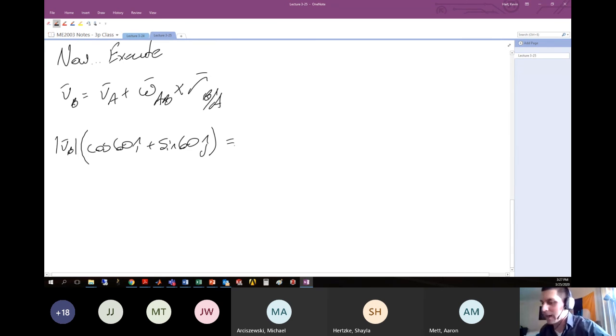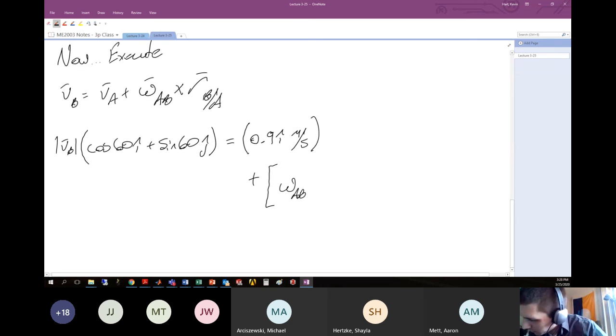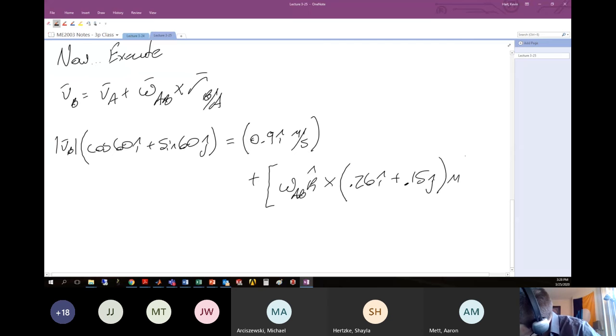This is equal to the velocity of point A, which we were given at the beginning of the problem, 0.9 i hat meters per second, plus the angular velocity vector omega AB k hat, crossed with the position vector locating B from A, which we previously defined as 0.26 i hat plus 0.15 j hat meters.